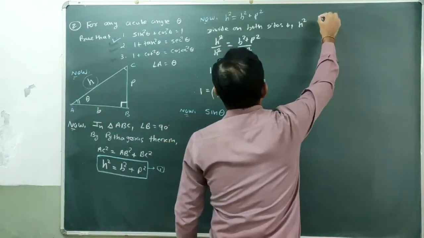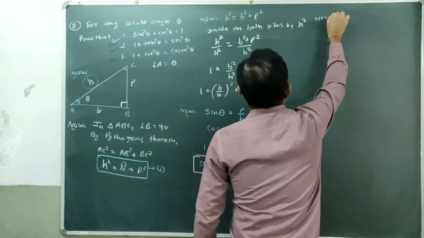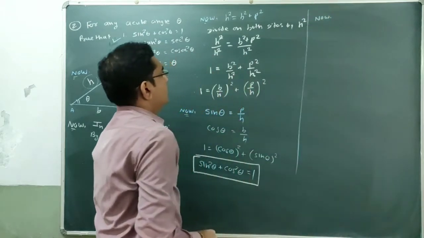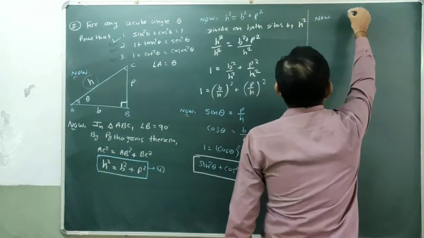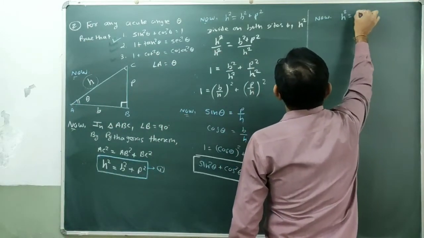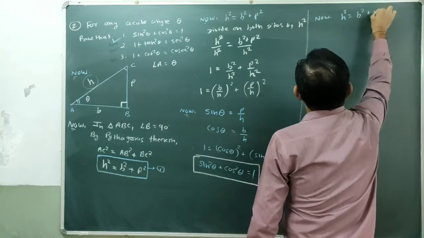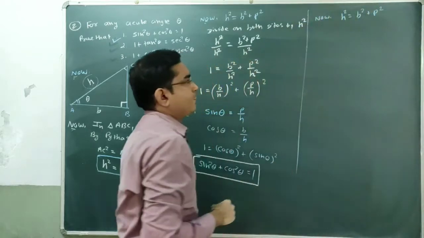So now again we are using this result number 1. What we are having? We are having h square equal to b square plus p square.